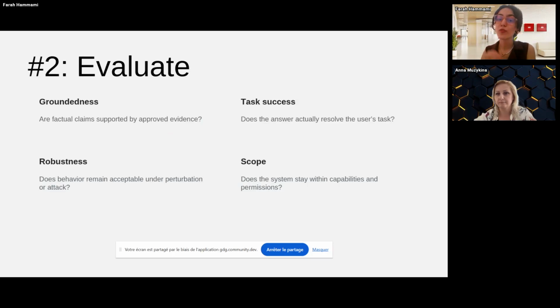Is it robust against attacks? Because even our AI systems are very sensitive to attacks currently, and thank God people have started to think of that very seriously. And you have to think of the scope as well. Does the system actually stay within the capabilities and permissions that we define ourselves?